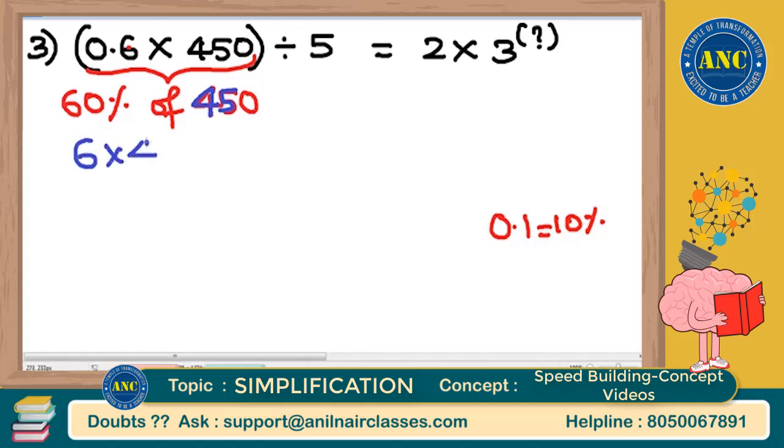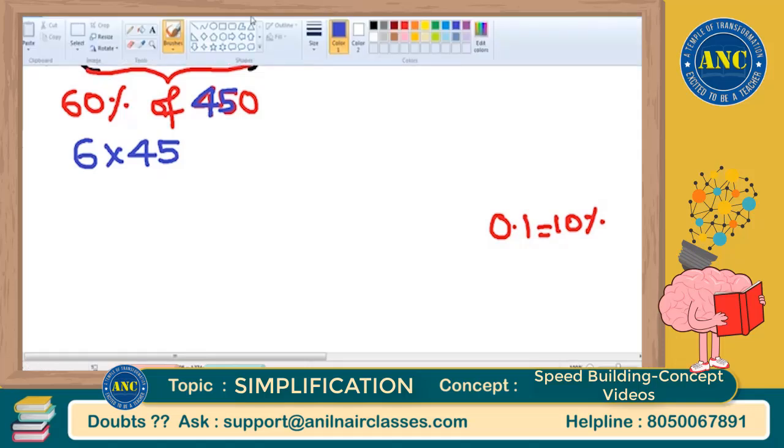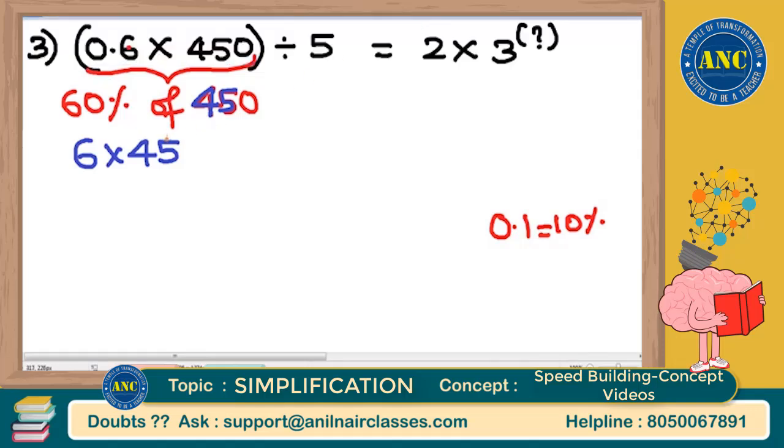6 into 45. And I also told you multiple times in all my previous classes of simplification, whenever the number is ending with 5, I don't like the number to end with 5, make it end with 0, because ending with 0 means multiplying is just putting extra zeros at the end, as simple as that. So in a very easy fashion, I will multiply this by 2, or in simple language I will double it.